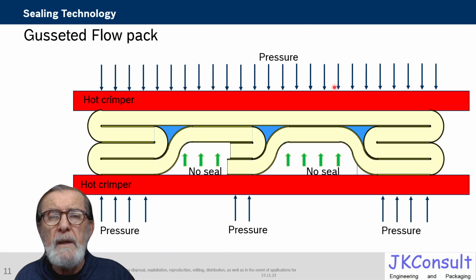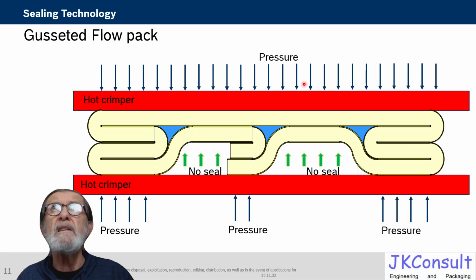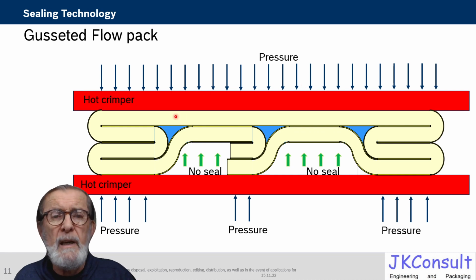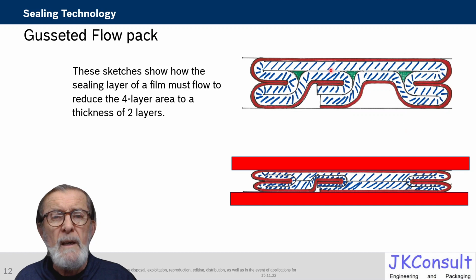So what is necessary is to get that closed, and if we do that with a gusseted pack the situation is even worse. We have several places where we have more than 2 layers. Here are 2 layers. Now imagine there's a wrinkle in this area, the situation gets even worse. So if we start here, we have to achieve this situation.